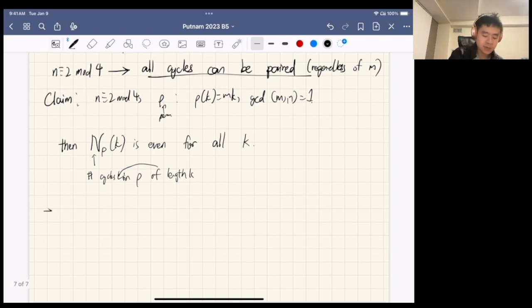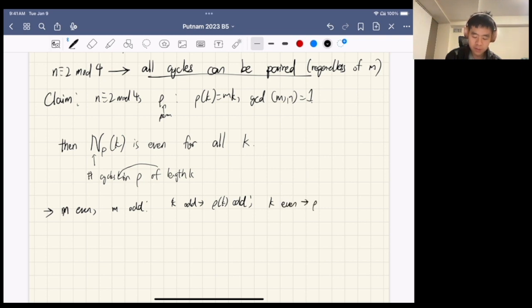So first of all, we see that n is even and m is odd. So if k is odd, then rho of k is odd. If k is even, then rho of k is even.